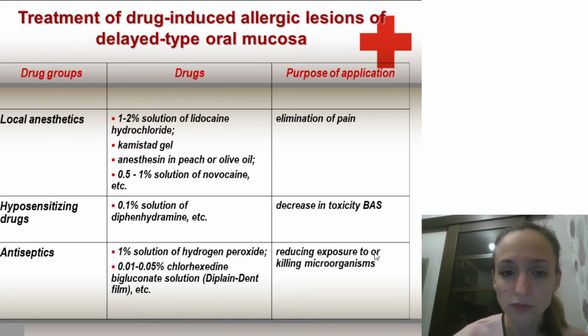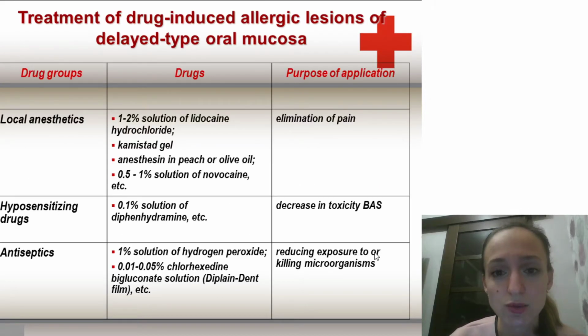Treatment of drug-induced allergic lesions of delayed type of the oral mucosa, drug groups. Local anesthetics: 1 and 2% solution of lidocaine, chemostat gel, anesthetin in peach or olive oil, and 0.5-1% solution of novocaine, etc. Purpose of application: elimination of pain.